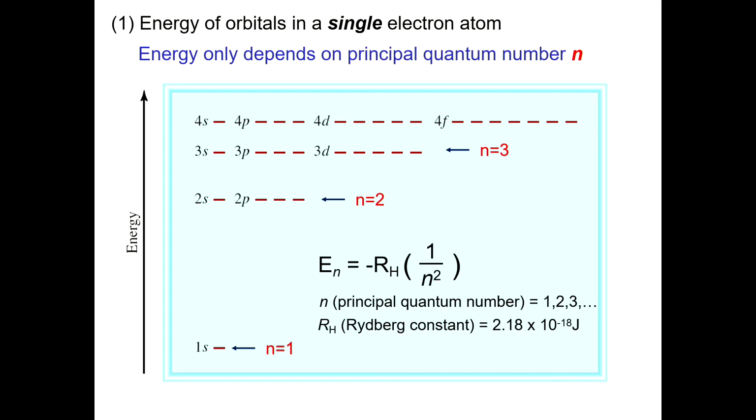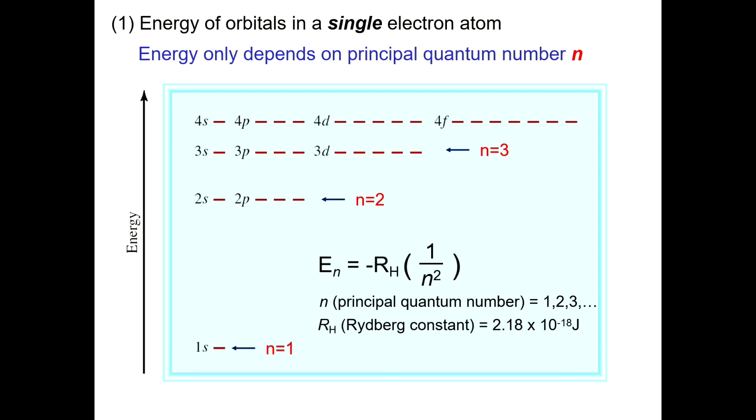When n is large, 1 over n squared will be small, so it is minus a small number, which means it has high energy. The unit of this constant is joule, so the energy unit is also joule.